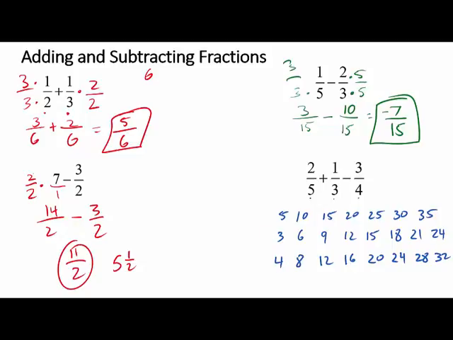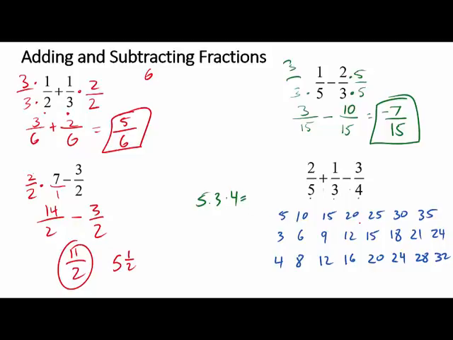Sometimes when you can't find one, though, it's not a bad idea to just multiply all 3 of these together. And while it may not give you the least common denominator, it'll always give you a denominator that they have in common. So we got 5 times 3 times 4. And if we kept listing, we would find out what this is equal to.